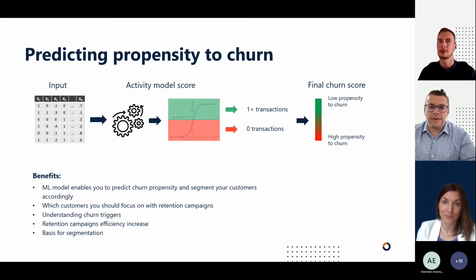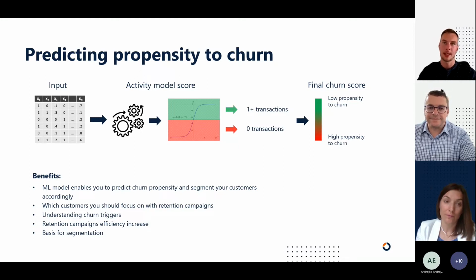The score is based on the number of transactions that person is supposedly, or we predict that he or she will have in 1 year's time. In case he or she has 0 transactions, there's high likelihood he or she will churn. If more than one, there is high likelihood that we will retain that customer and that he or she will grow in value for us.